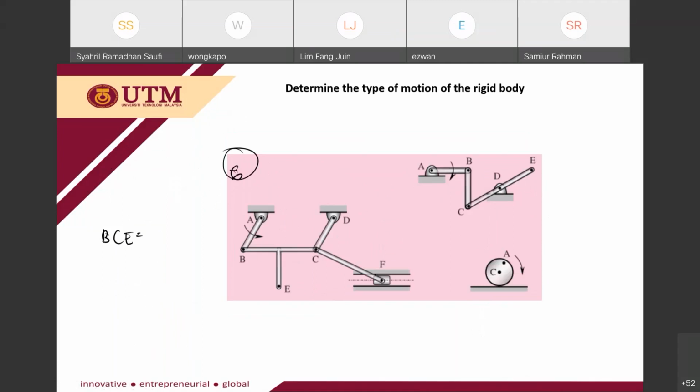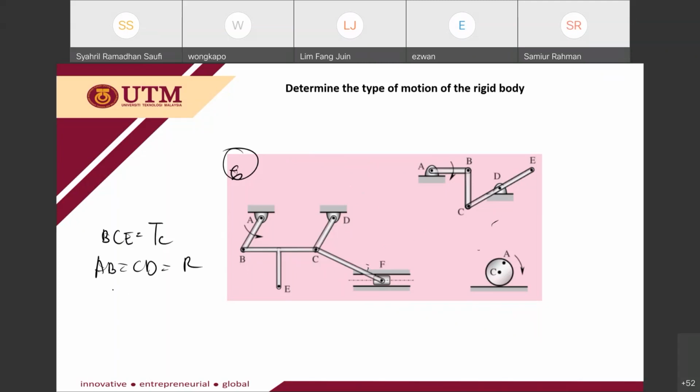Curvilinear. Yes, BCE is a curvilinear motion, curvilinear translation. So AB is equal to CD, what is it? It is rotation.